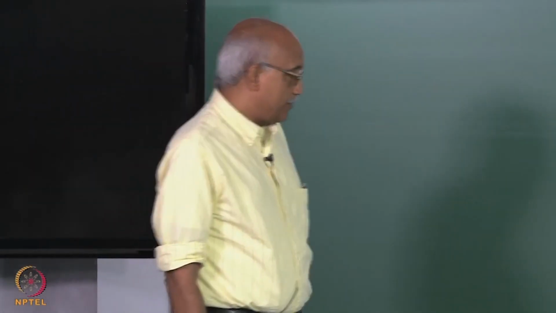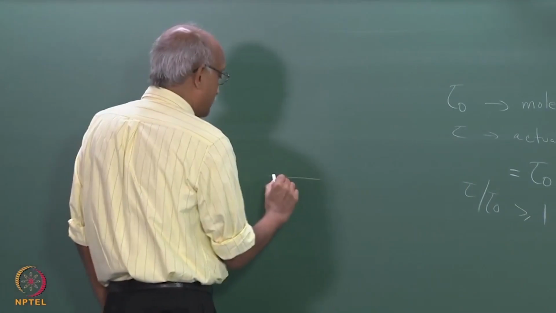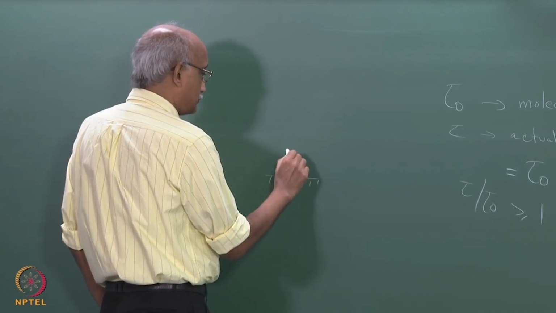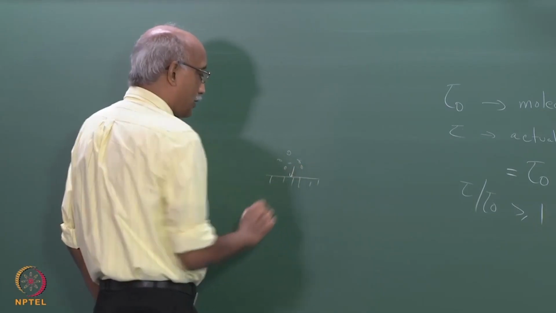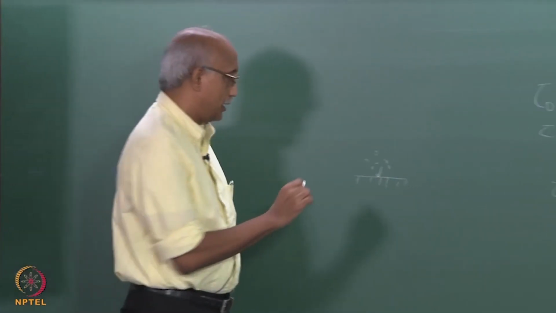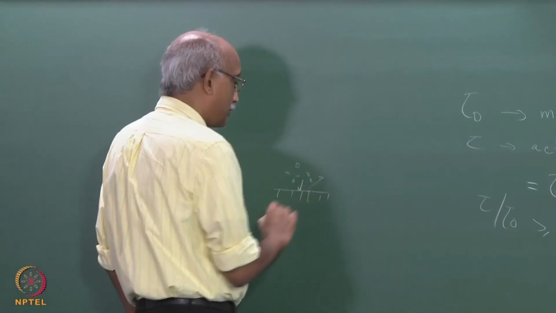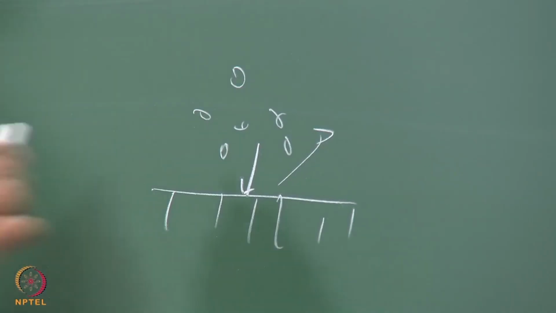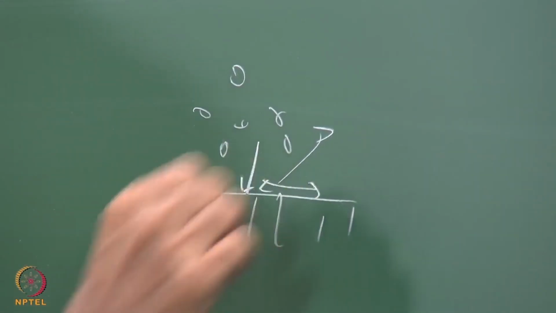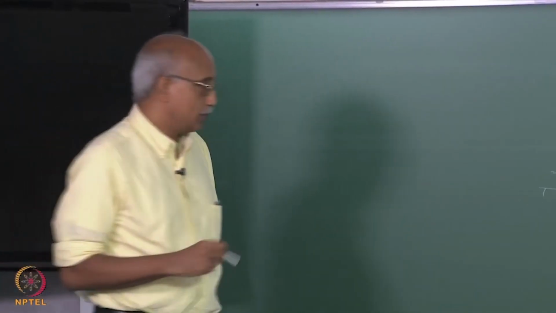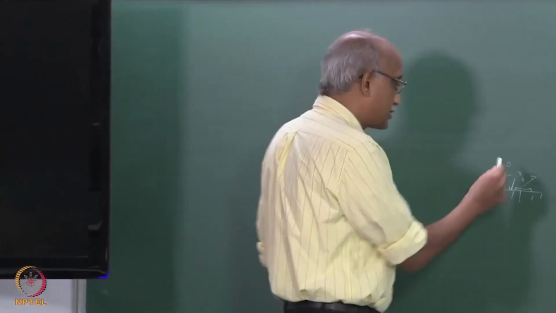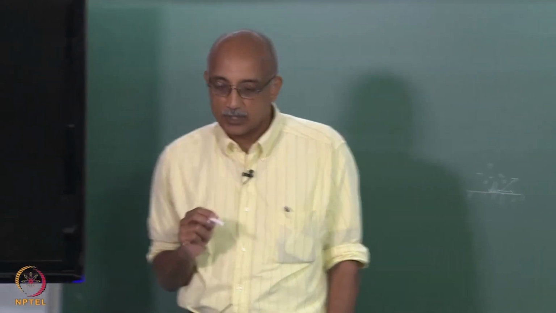Now, if you look at the dynamics of what is happening at the substrate, you have these molecules that are arriving, and some of them are rebounding, and the remainder are actually getting distributed on the substrate. So, if you look at the rate of processes that are going on here, the rate that is relevant to build up of the CVD film is the net rate.